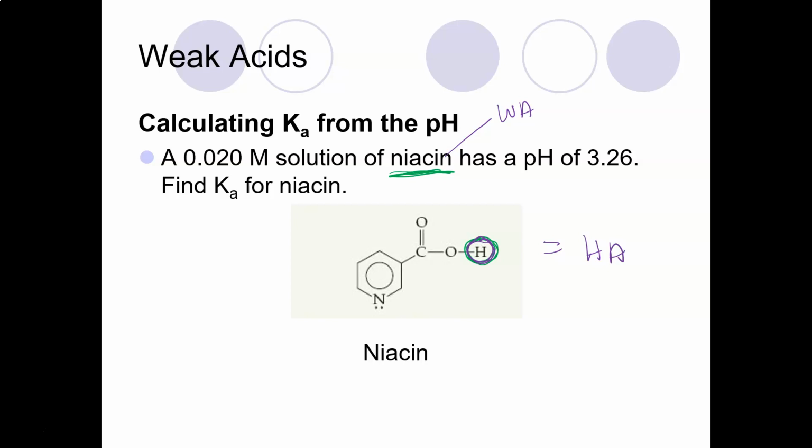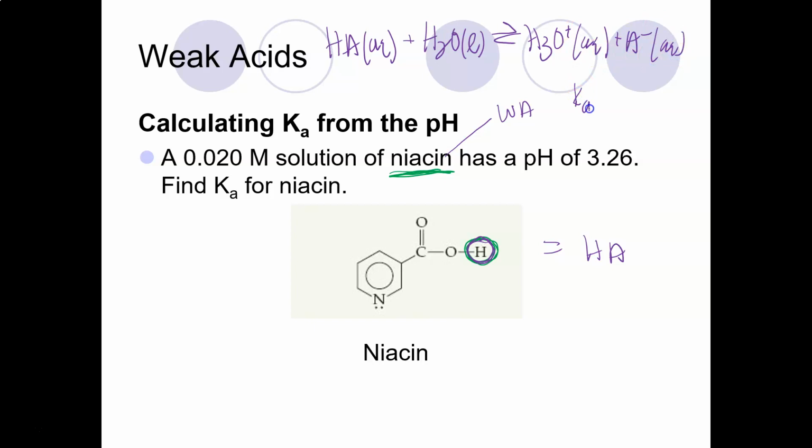Okay, so it's a weak acid, so we know it goes to equilibrium, and as an equilibrium constant expression. Okay, and we need to solve for Ka.